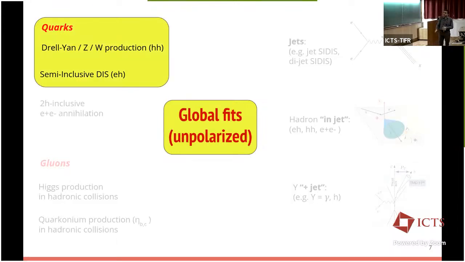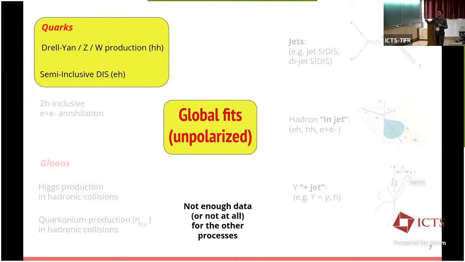Okay, so global fits, so analysis of the world data in order to get information on the quark TMDs or the gluon TMDs, are available only for quarks, because for the other processes there are not enough data yet, or there are really no data at all to perform meaningful phenomenological analysis. So all the efforts related to global fits are confined into this top left box here.